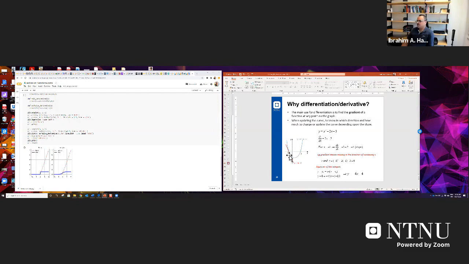There are many ways. It could be y equal mx plus c, for example, and we can use this equation of the tangent: y minus y1 equal m, the slope, multiplied by x minus x1. So x1 will be minus 1, and y1 will be 0, correct? And the slope will be minus 4. So finally, the equation of the tangent will be minus 4x minus 4. So this is the equation of the tangent.